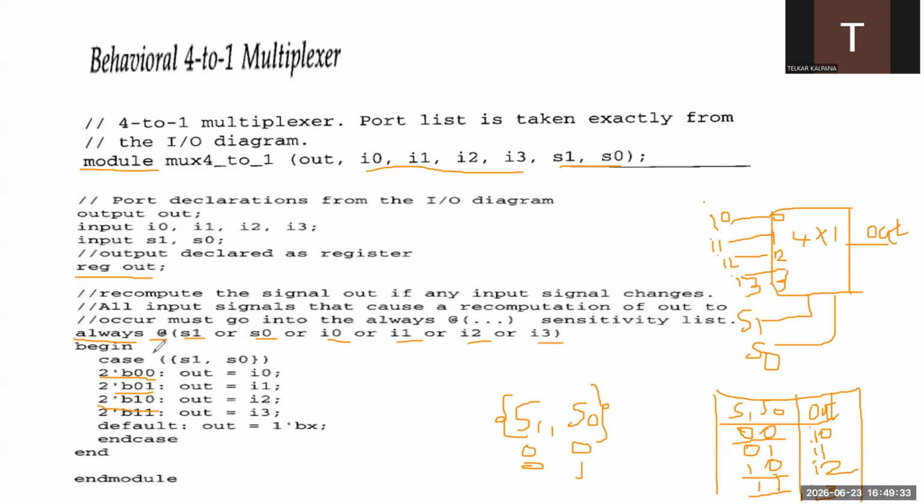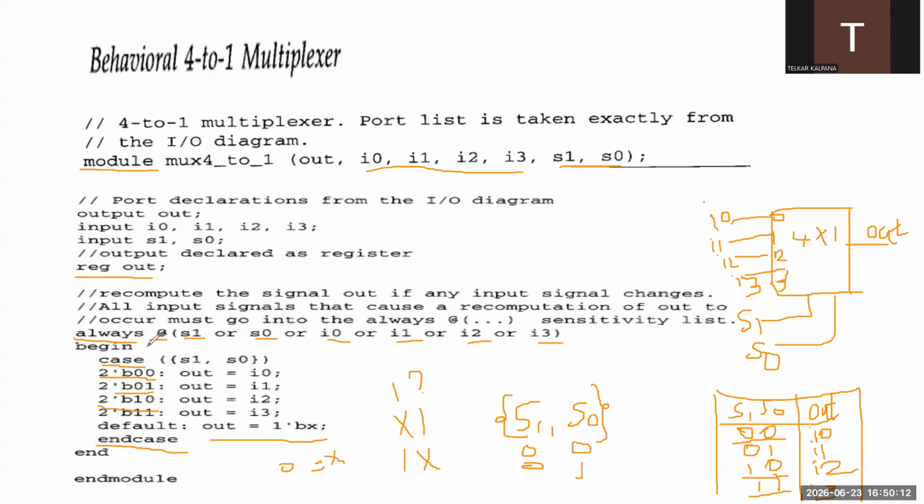Default means if the expression takes some value other than 0 0, 0 1, 1 0, 1 1, that means it may be 1 don't care, or don't care 1, or 1 undefined, like this. If it takes any of these other combinations, then by default, one bit of binary don't care is assigned to out. Since we started with the case statement, we end it with endcase. Starting with begin, we end this always block with end.